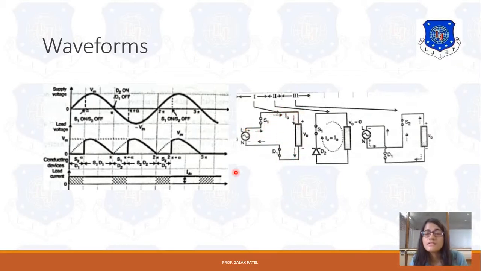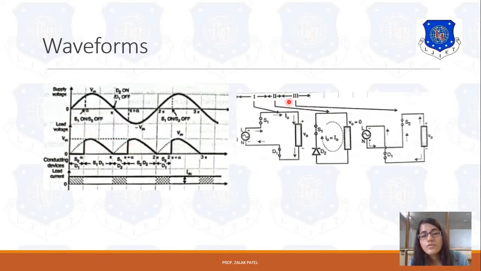This means the current flow is from source to load connection. That's why the load current is positive, load voltage is positive, and the flow of power is from source to load. So this is the first mode equivalent circuit, and the waveform is like a general SCR or power diode waveform, like this.